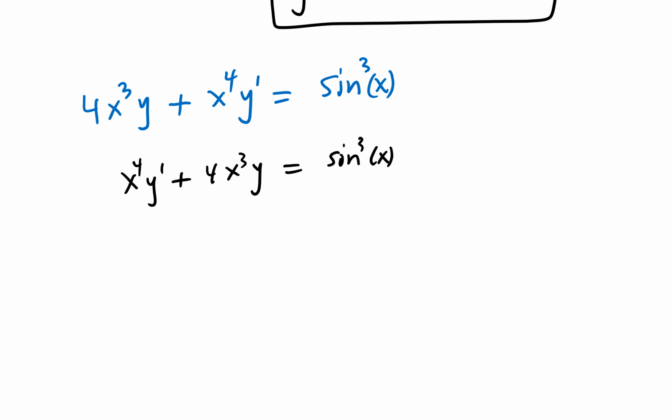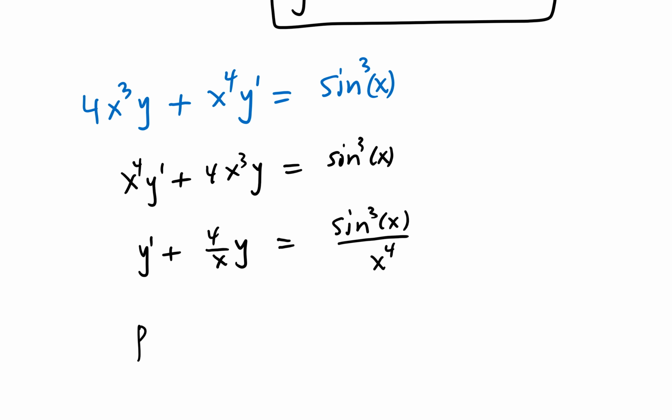I see x to the 4th. So you could divide everything by x to the 4th. That will make it 4 over x y after simplifying, and sine cubed of x over x to the 4th. Now you can tell p of x is 4 over x, and q of x is the whole thing on the right side, which is sine cubed x over x to the 4th.